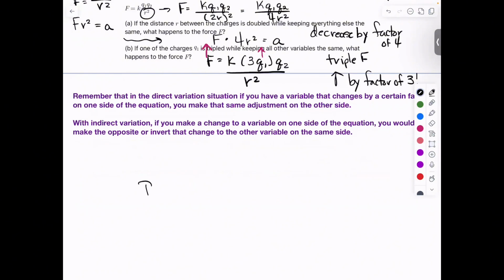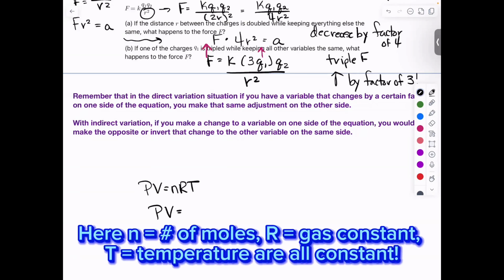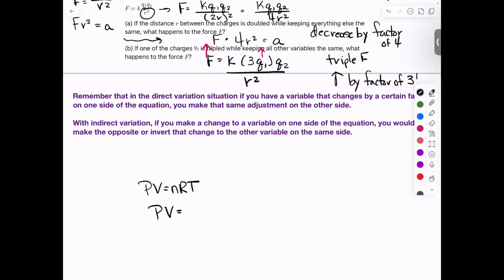So ideal gas law, PV equals nRT. Okay. And we'll go ahead and use Boyle's. We know Boyle's is an inverse relationship here. In PV, if we keep n, R and T the same, so if we keep the number of moles constant, and of course our gas constant is constant, and if we keep the temperature the same in our system, we know there's an inverse relationship between pressure and volume.